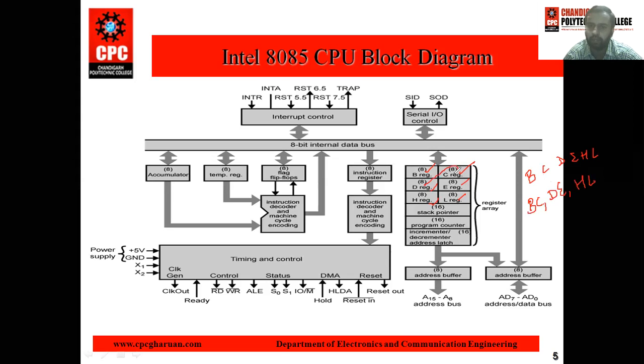We do not use them diagonally, like C and D pair or E and L pair. We can only use the B and C registers, D and E registers, and H and L registers. These are the three pairs we use if we want to store 16-bit data.